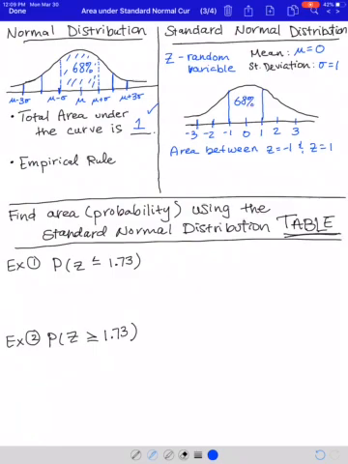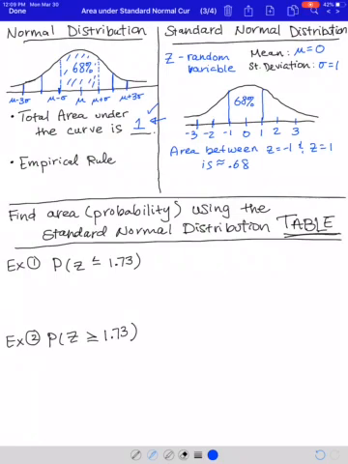And what's the area? Again, the area is just equal to 1. And so 68% of 1 would just be 0.68. So here we can say the area between z equals -1 and z equals +1 is 0.68. And of course, this is approximate, right? The empirical rule is giving us approximate values.